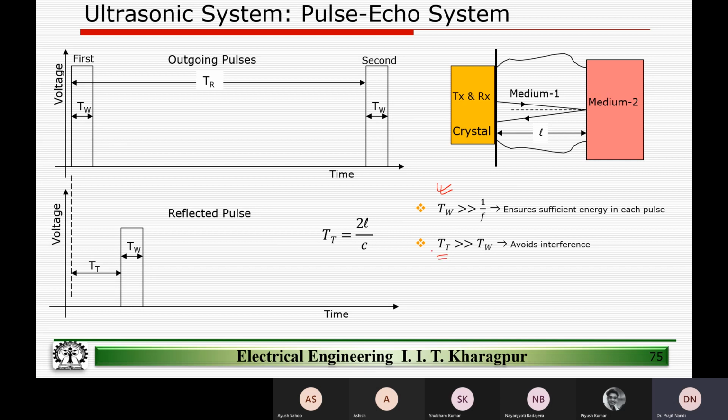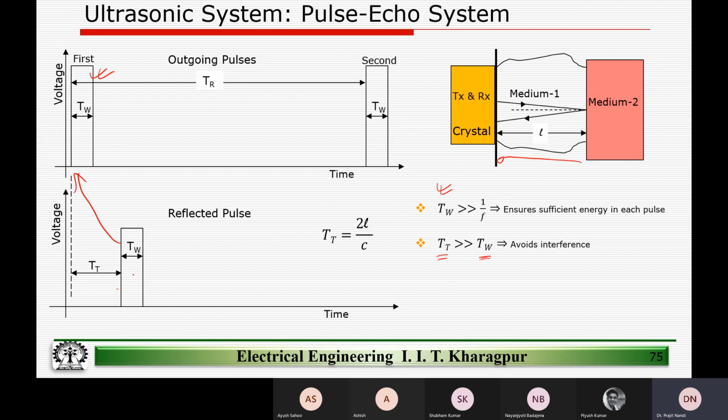Also TT, the time that I allow for the reflected wave to come back, must be much greater than TW. If the medium is very close by, the reflected pulse can move close to the generated pulse, and my electronics will not have sufficient time to distinguish between the pulse it generated itself and the pulse that was reflected back.